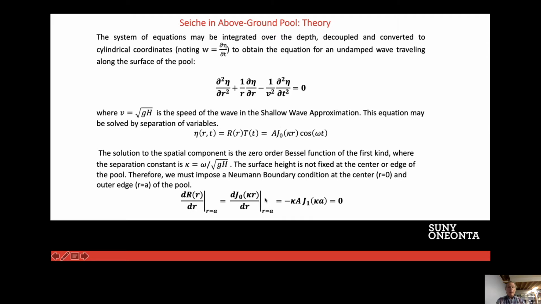And what we want is for that slope to be zero. Well, the spatial derivative of the Bessel function is going to give us a first order Bessel function of the first kind, and that needs to be equal to zero.